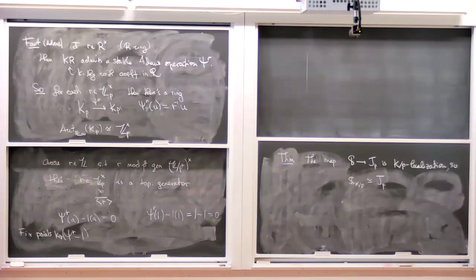You need the telescope conjecture for that, or it doesn't need it? So this is not easy. I'm going to give a sketch of the proof, and it's going to use the telescope conjecture. So I think the answer is yes.